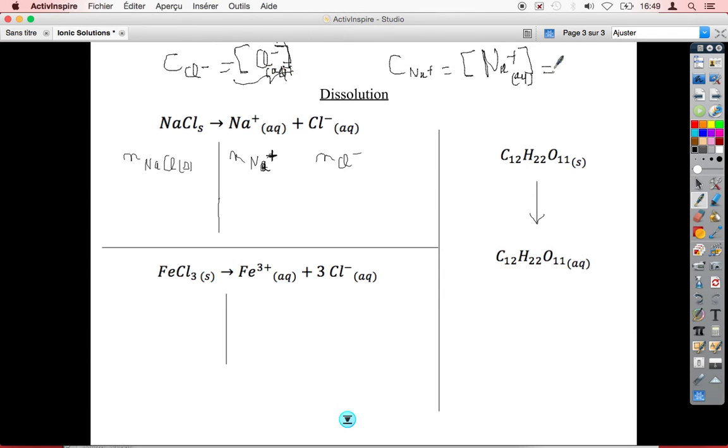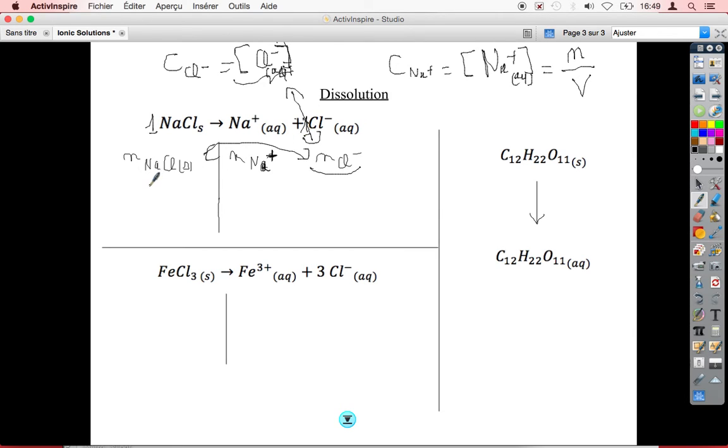To calculate it, as you already know, this is the quotient of the chemical amount by the volume. So we know the volume, and we have to calculate n, which is the chemical amount. So we need this n for this concentration. We have to link this chemical amount to this one. As we can see in the chemical equation, when you have 1 NaCl, we get 1 Cl-.